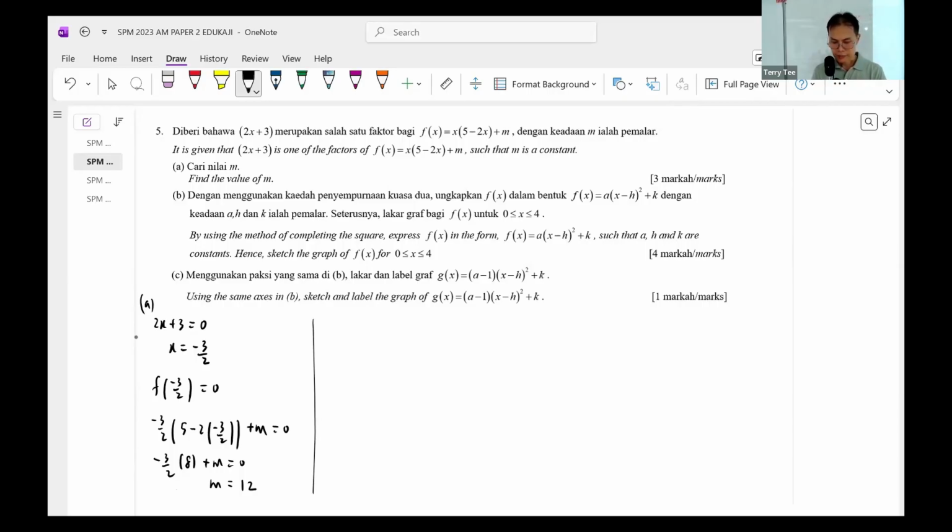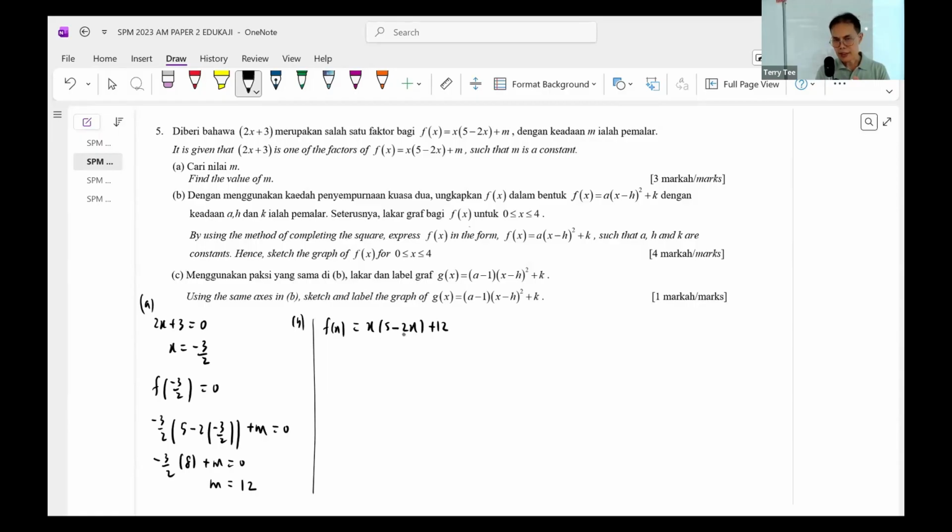All right. Now, next, by completing the square, express f(x) in the form given, and sketch the graph. Okay, so I know my m is 12. So I'm going to rewrite my f(x) as x(5 minus 2x) plus 12.